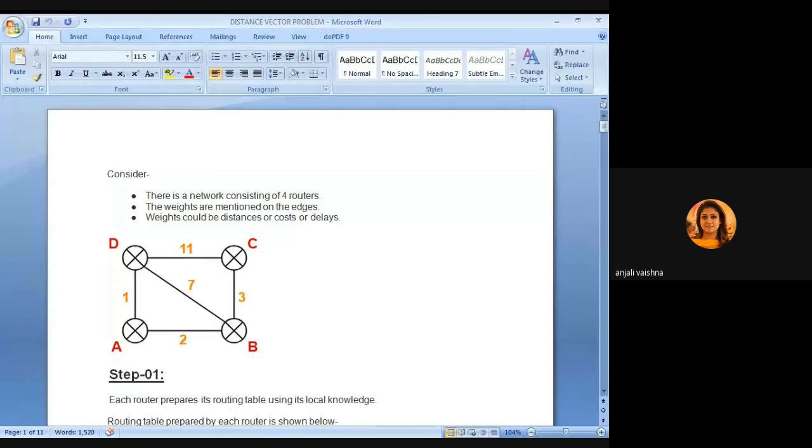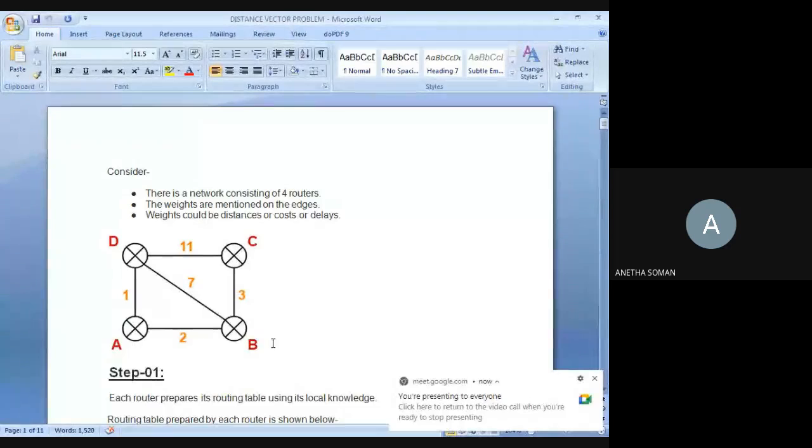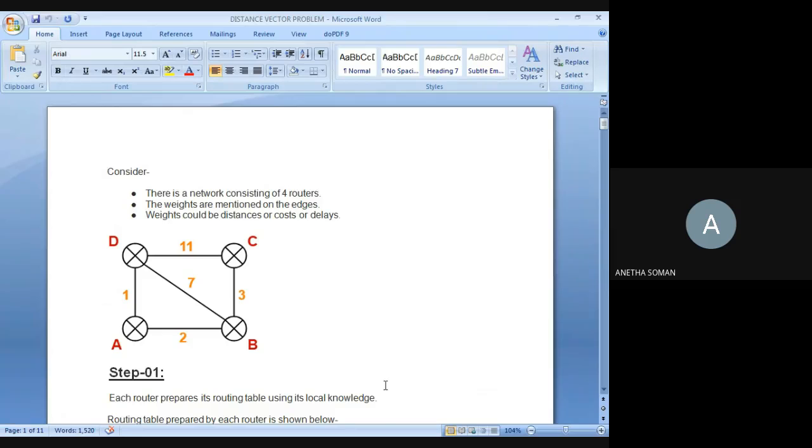Take down that. You have 4 nodes A, B, C, D. See the connections and write down the cost. Now, through the distance vector algorithm, you have to find out the minimum cost, or create a new routing table. Finish taking down that network, everybody.